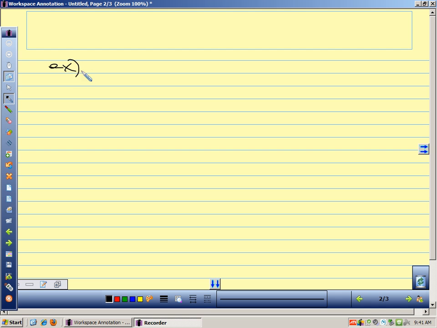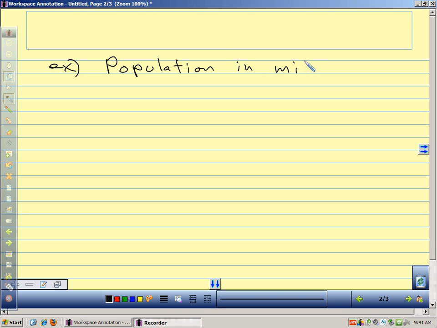Our first one is population growth. Say we have a city, and our population in millions is modeled by y equals 1.8 e to the 0.026x, where y is the population and x is the time.